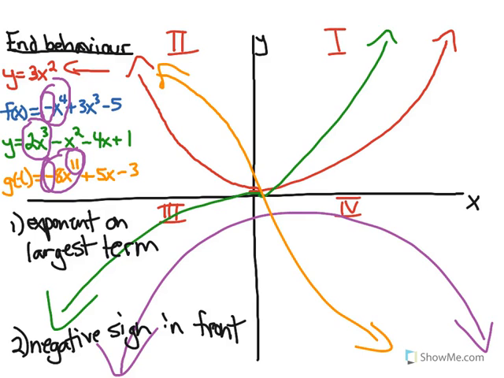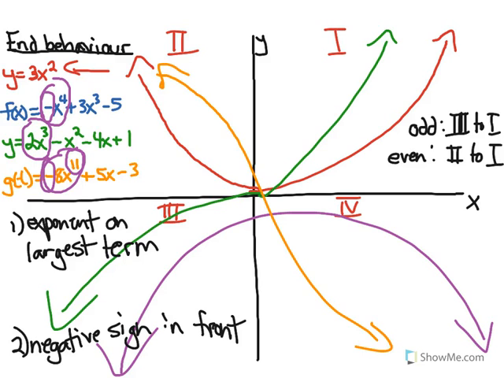So just based on the exponent of the largest term, I'll write it up here. If it's odd, it's moving from quadrant 3, that's a 3, to 1. If it's even, so if that largest exponent is even, just like the red function, it's moving from 2 to 1.